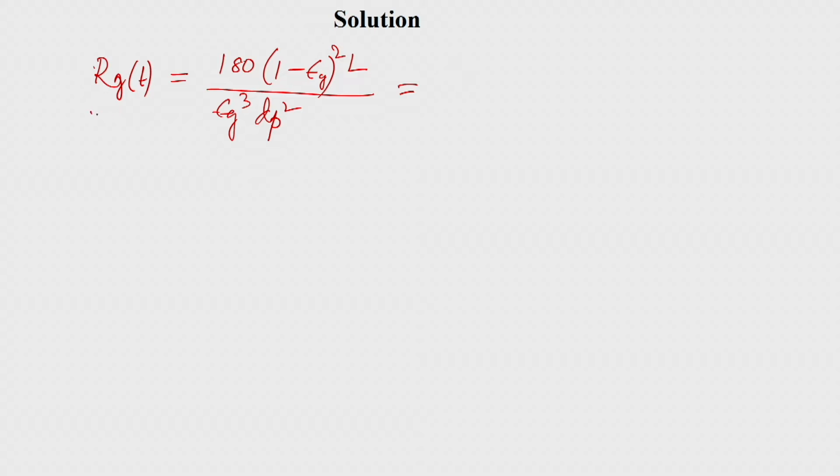From there we have Rg, epsilon g, and dp.